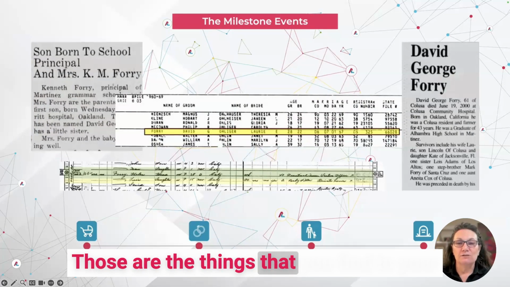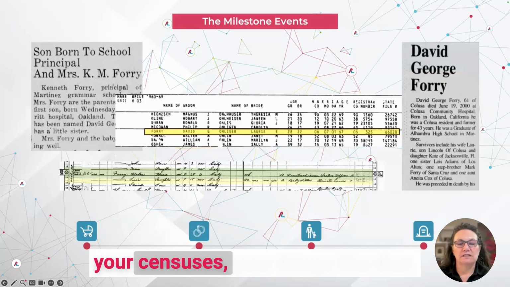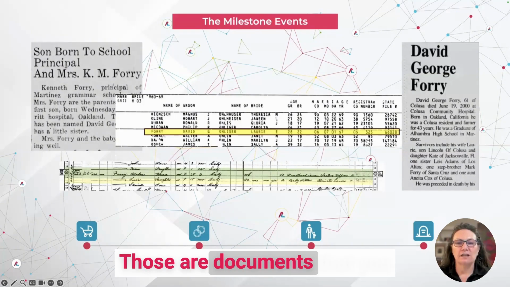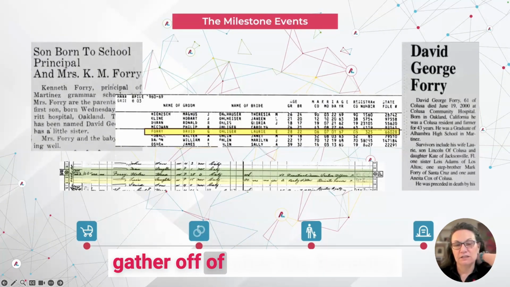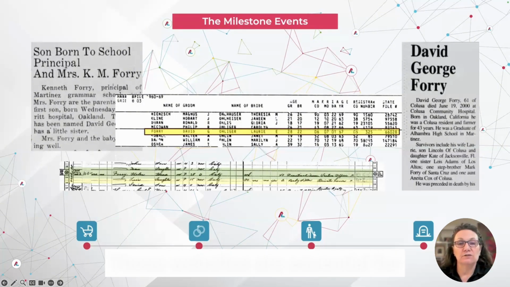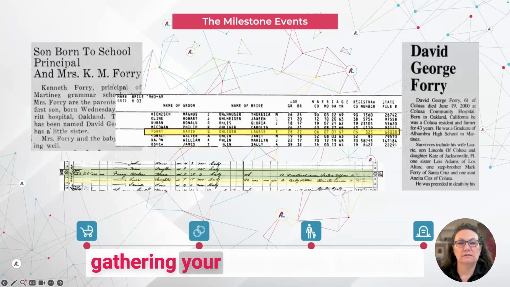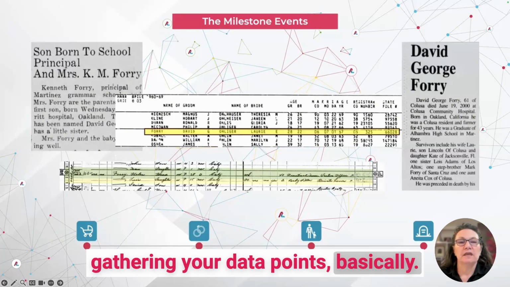Those are the things that you find in your wedding registries, your newspapers, your censuses, your things like that. Those are documents that you gather off of sites like Ancestry, MyHeritage, Library of Congress, things like that that are essential. Those websites are essential for gathering your data points, basically.